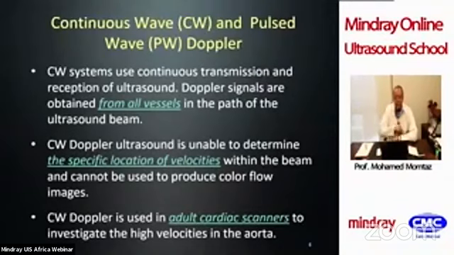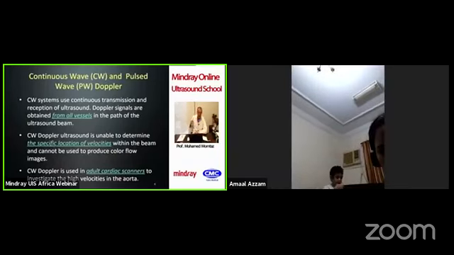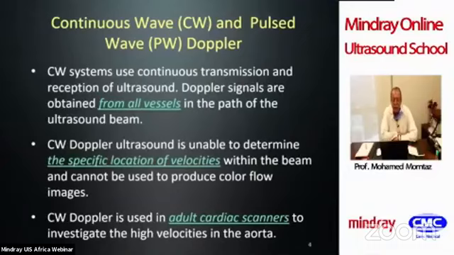But it is used in adult cardiac scans. Sometimes it is also used in fetal echocardiography to detect the difference between, for example, the rate in the atria and the rate in the ventricle. You can see it clearly in a continuous wave spectrum analysis.